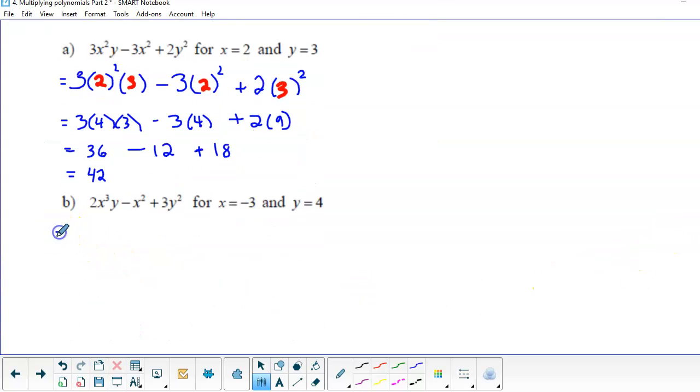Next one, same thing. Copy it out with brackets wherever there's a variable. Sorry, I'm having to use my mouse, so it's a little challenging. And then substitute negative 3 in for x and 4 in for y.